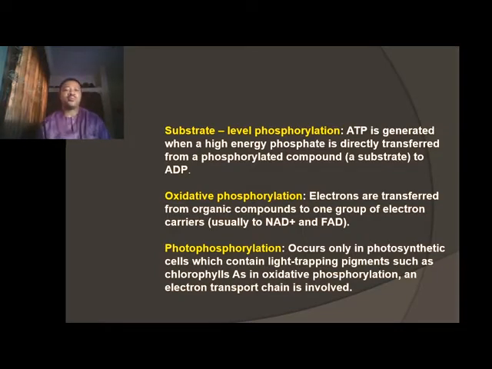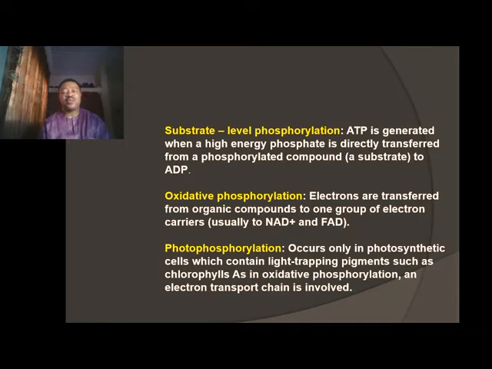Now, the second form of phosphorylation is oxidative phosphorylation. In oxidative phosphorylation, electrons are transferred from organic compounds to one group of electron carriers. Usually, these electron carriers are NAD and FAD as well as their derivatives. Oxidative phosphorylation usually takes place in the mitochondria of the cell.